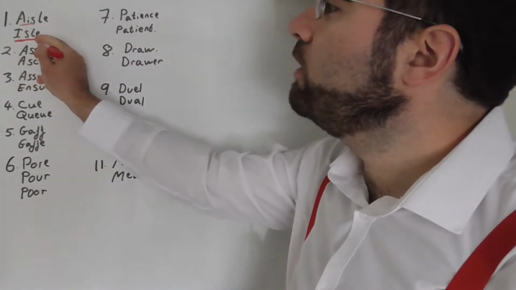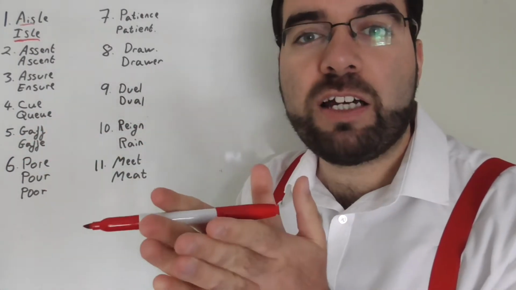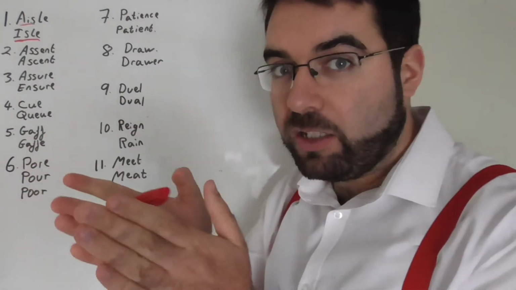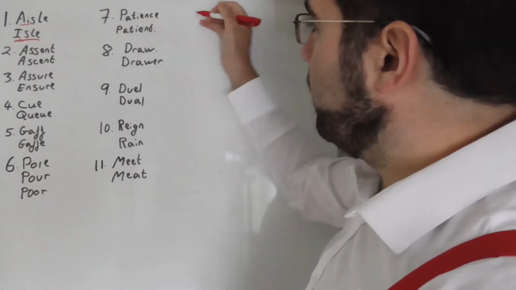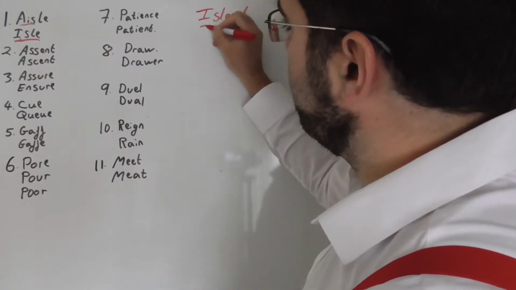But isle is a small island, like Isle of Wight, Isle of Man, Channel Islands. An isle, like island.